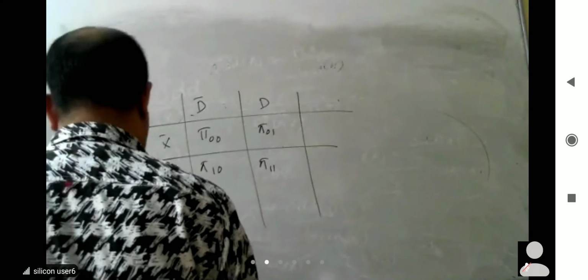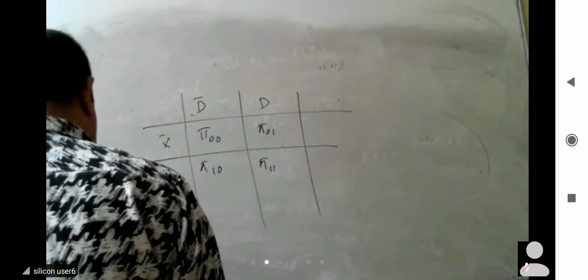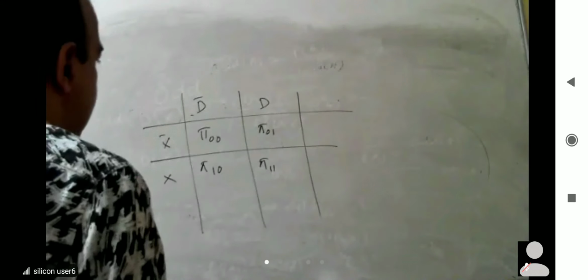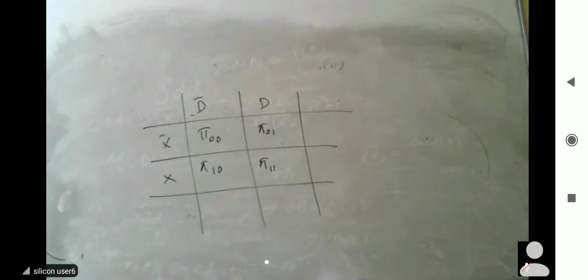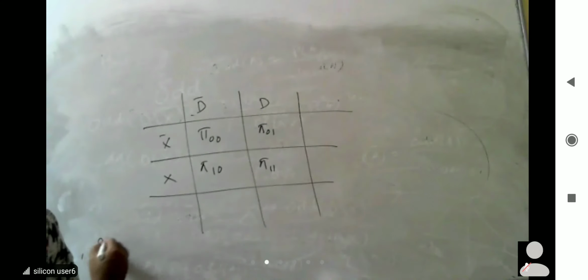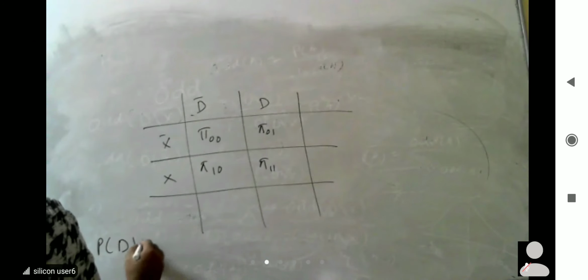Okay. Then now tell me, what is the probability of D condition X?